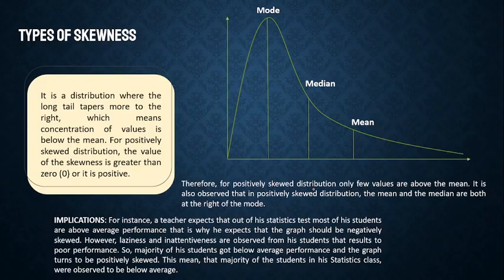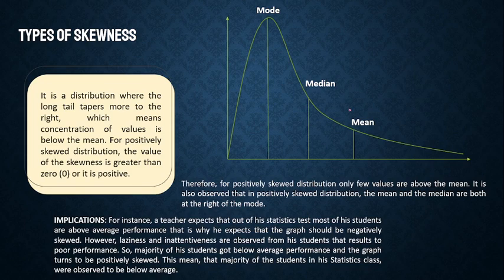Okay? So the type of skewness: it is a distribution where the long tail tapers more to the right, which means the concentration of values is below the mean. For a positively skewed distribution, the value of the skewness is greater than 0, or it is positive.